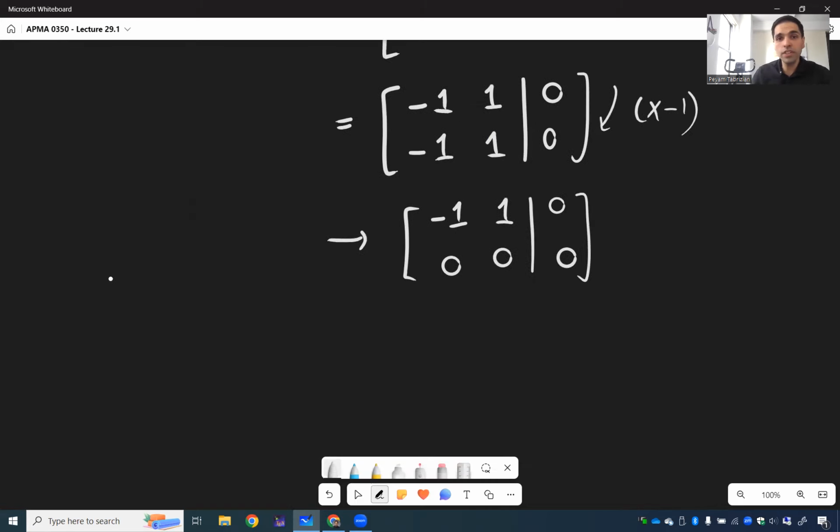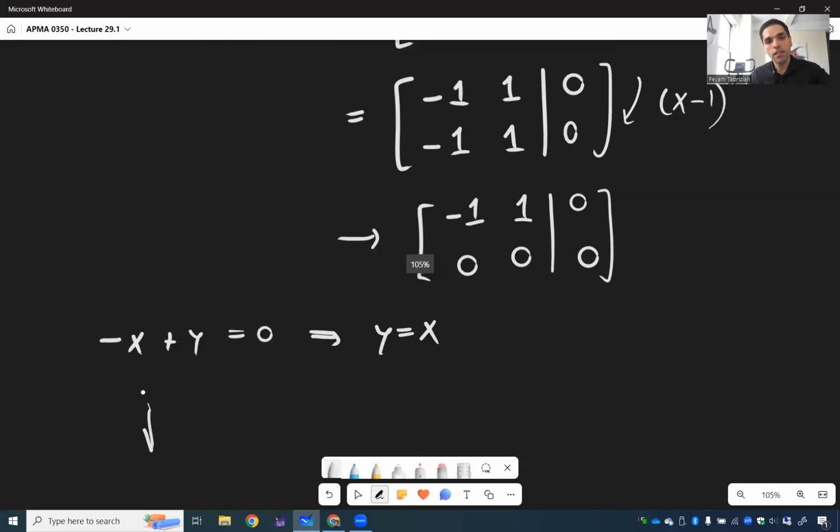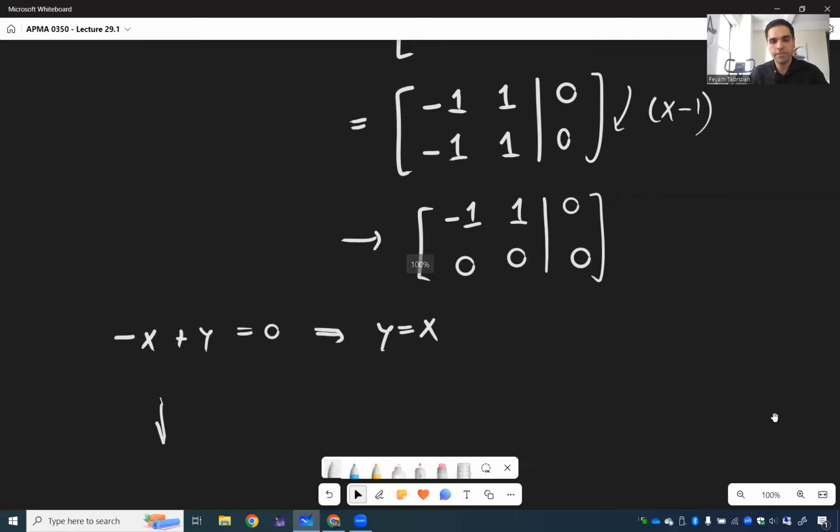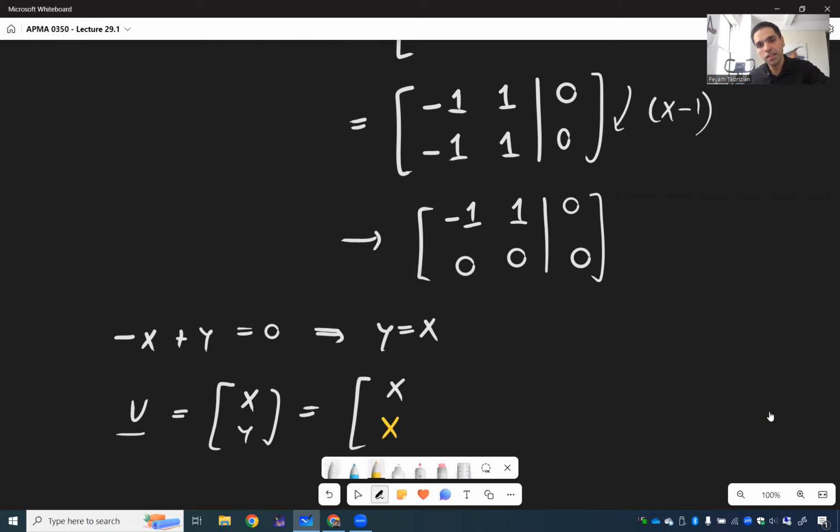So what this tells you is minus x plus y equals 0. So y equals x, and our eigenvector in this case, v, which is (x, y), and y is x, so it's really (x, x). And this is x times (1, 1).